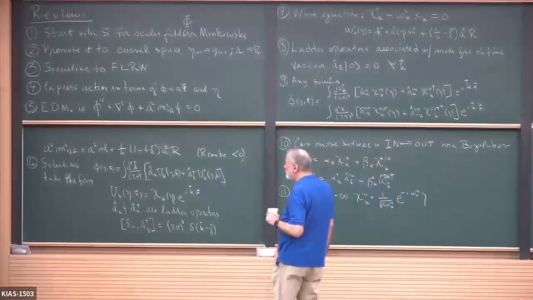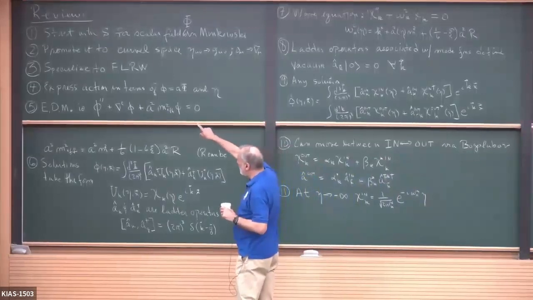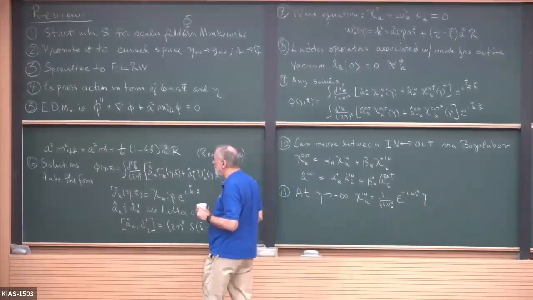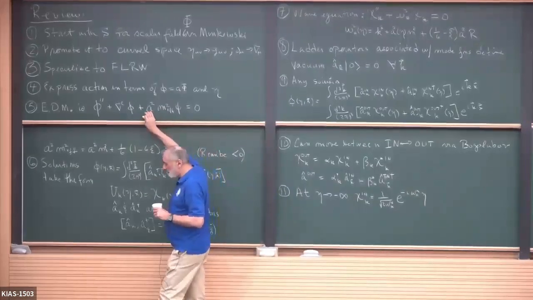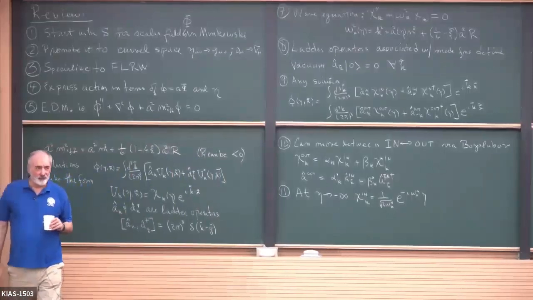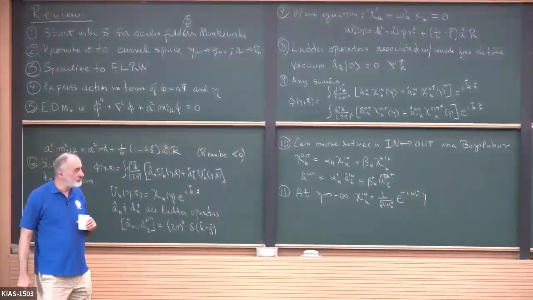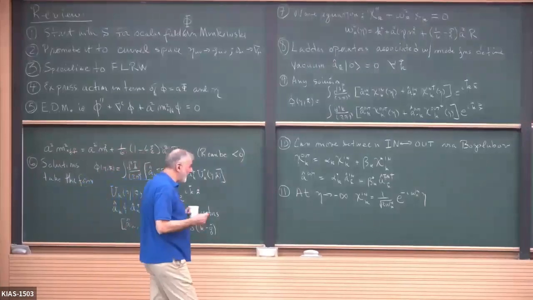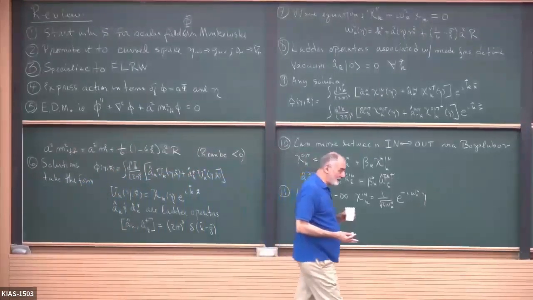When we express the action in FLRW in terms of the new scalar field and conformal time, we get a familiar looking equation of motion for this new scalar field. And we also have a canonical kinetic term in the action.